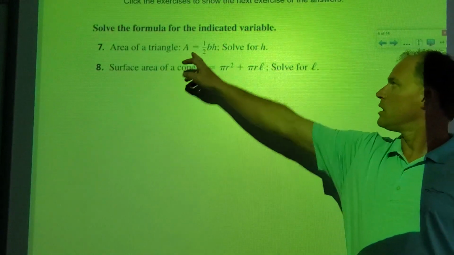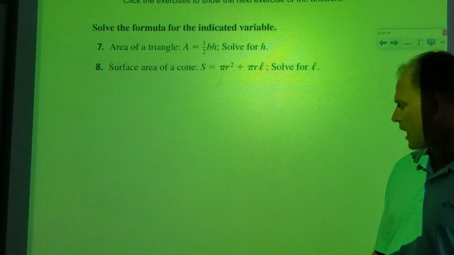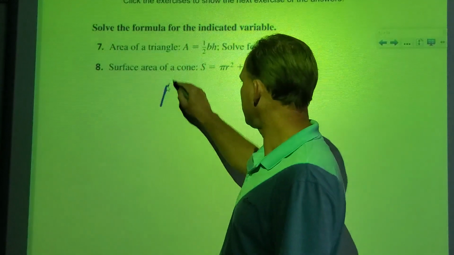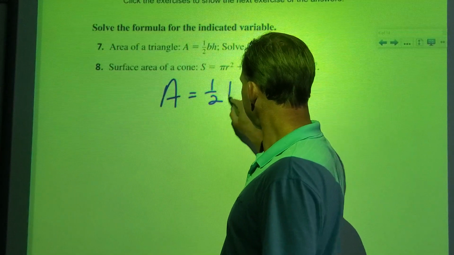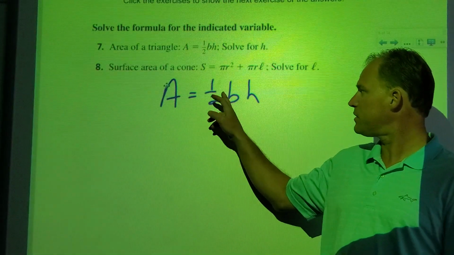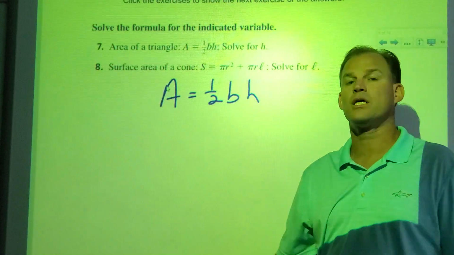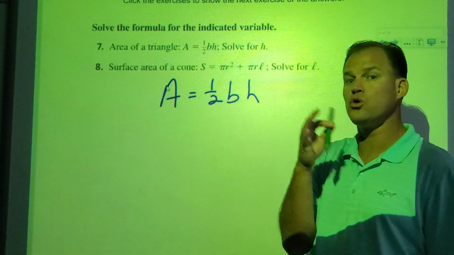If I just give you a formula, the area of a triangle is 1/2 base times height, solve for h. So, 1/2 times base times height. If I want to get rid of the 1/2, I could divide by 1/2. That would do it.